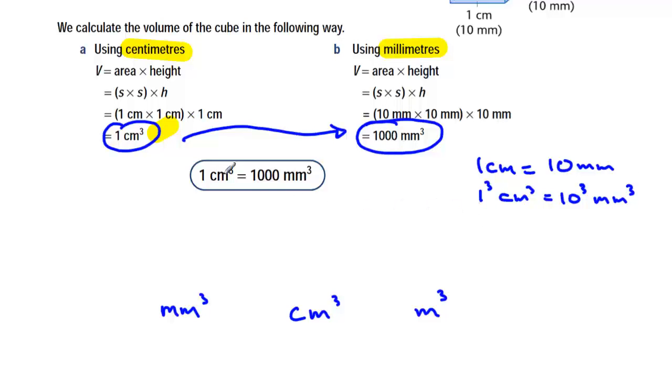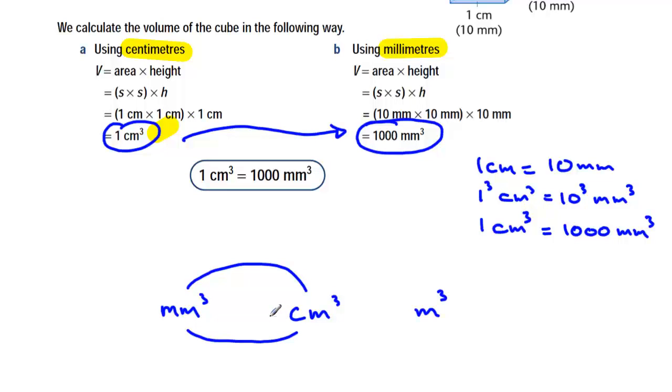what we work out is that 1 cubic centimetre, because 1 times 1 times 1 is 1, is equal to 10 times 10 times 10, which is 1,000 millimetres cubed. So that means that between here and here, and here and here, these two conversions, the magic number, if you like, is 1,000.